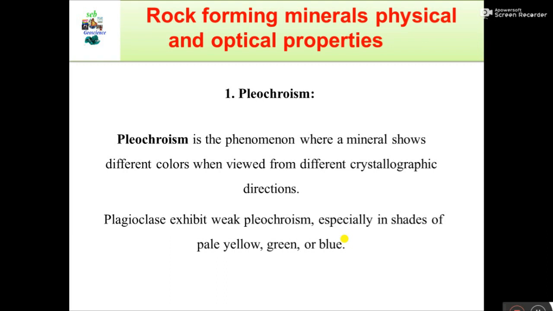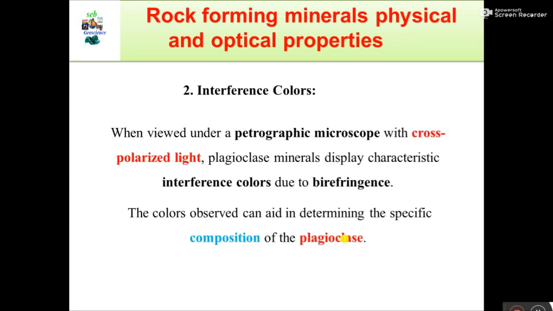Pure plagioclase has no pleochroism. If there is impurity in plagioclase, it shows pale yellow, green, or blue when rotating the microscope in PPL. So plagioclase has weak pleochroism as an optical property.